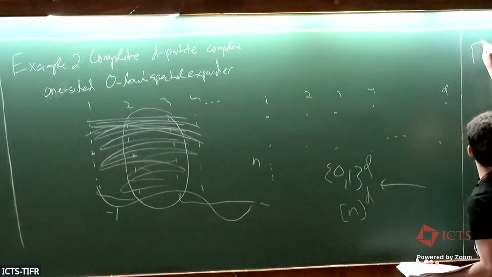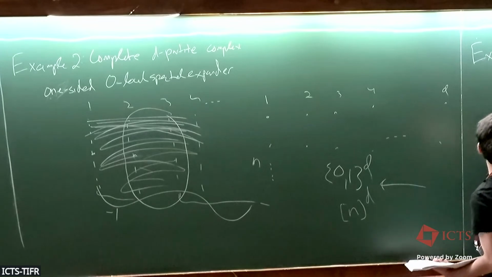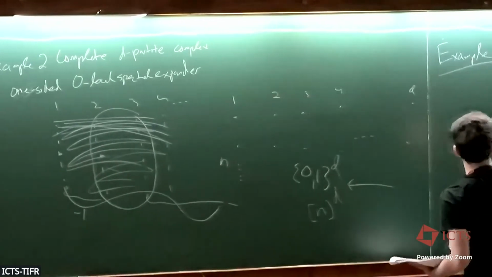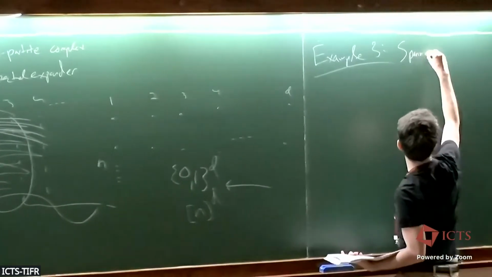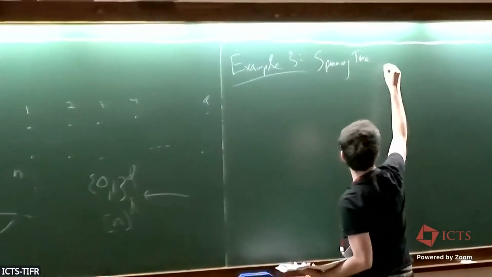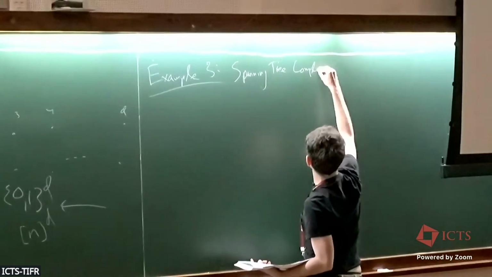So example 3 is a spanning tree complex. So what is this?